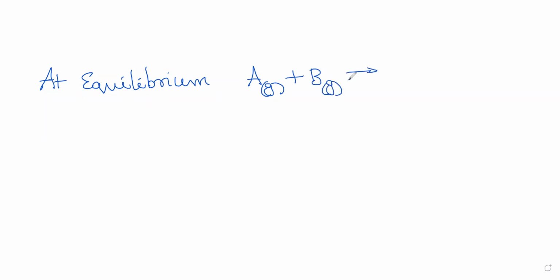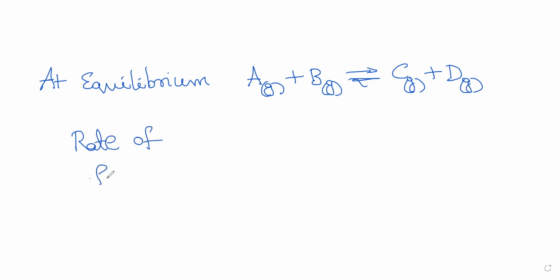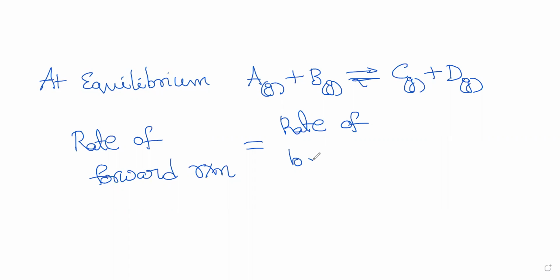Now, at equilibrium, what will happen? At equilibrium, A gas plus B gas goes to C gas plus D gas, and the rate of the forward reaction is equal to the rate of the backward reaction.